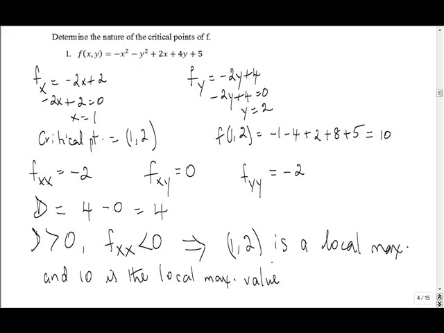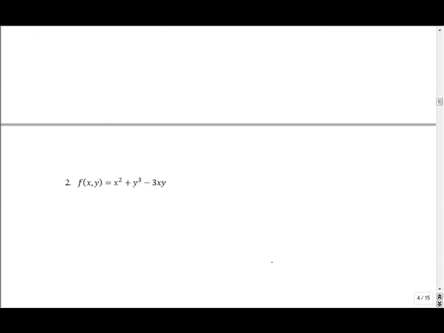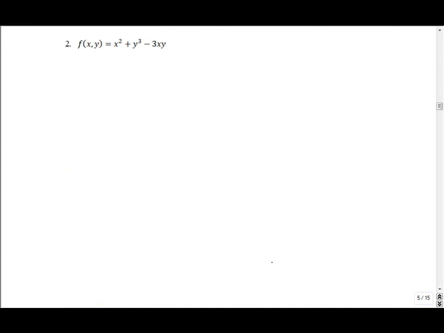So that one was an easy one, because there was only one point that we had to look at. But sometimes you can find more points. Let's do some more. Number 2. Let's find the critical points again. First partials. Partial of f with respect to x is 2x minus 3y.